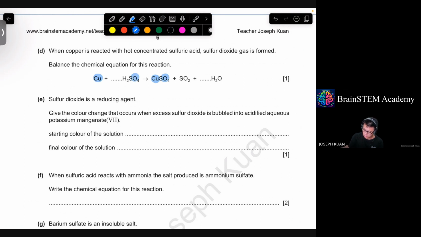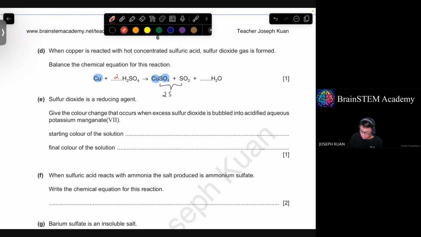On the right-hand side, in total, there are 2 sulfur atoms, which means that on the reactant side, this coefficient must be 2, because the number of sulfur on the right is already set as 2, so you should put a 2 here, and the rest is just you try to balance it accordingly.